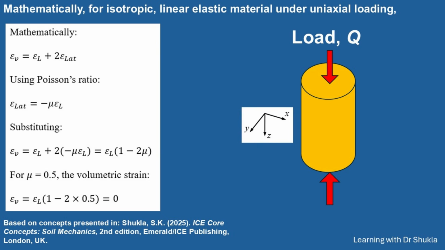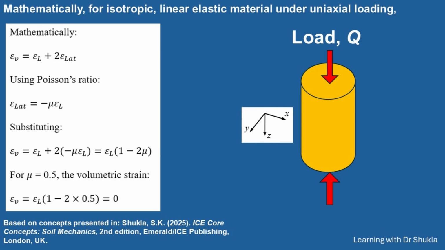Mathematically, epsilon V is equal to epsilon L plus 2 times epsilon lat. Using Poisson's ratio, you can find epsilon lat is equal to minus mu times epsilon L. Substituting, the volumetric strain epsilon V is equal to epsilon L times 1 minus 2 mu.